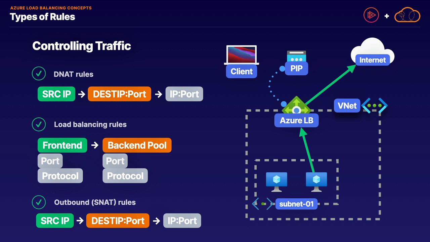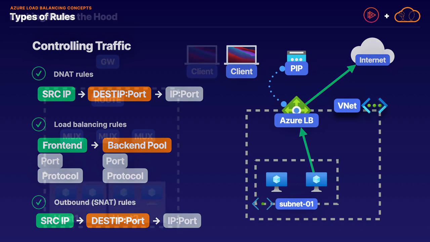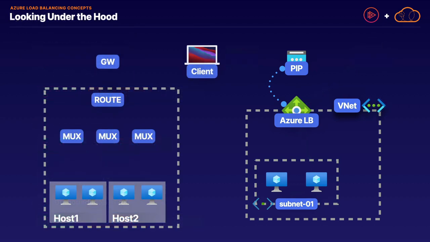Now, these are the rule types we have with our load balancing solution, and it can seem as though it's very difficult to understand what is actually happening in this load balancing to make all this magic happen, to be able to determine where traffic should go inbound and outbound and balancing between backend pools. But we're going to make it a little bit more simple by taking a look at what's actually going on under the hood here. So we have our resources, right, in our virtual network, our virtual machines, and we have our load balancing solution with a public IP address.